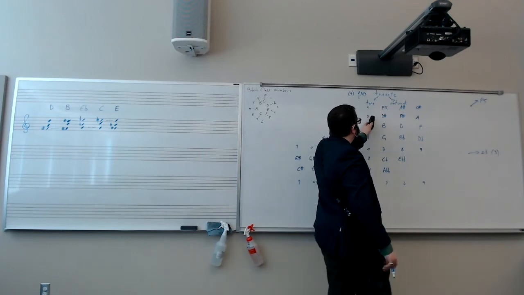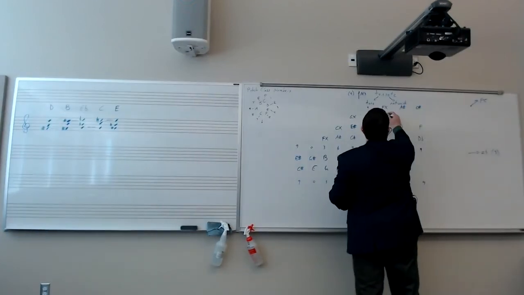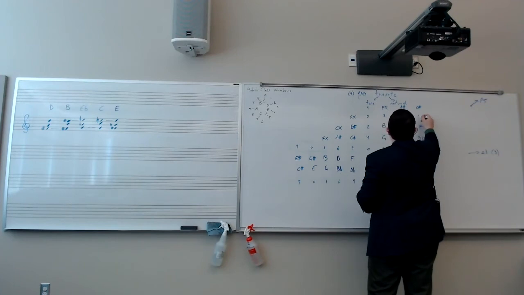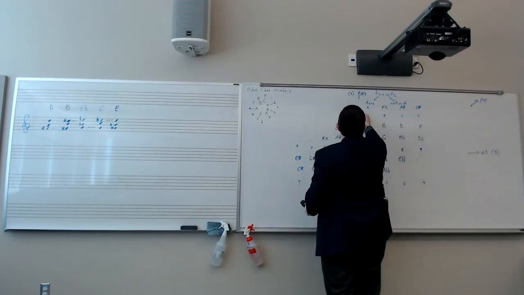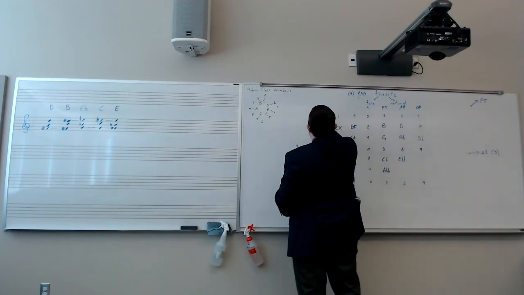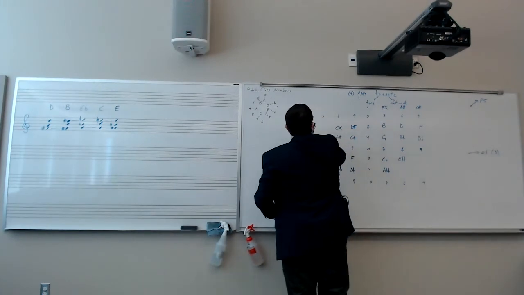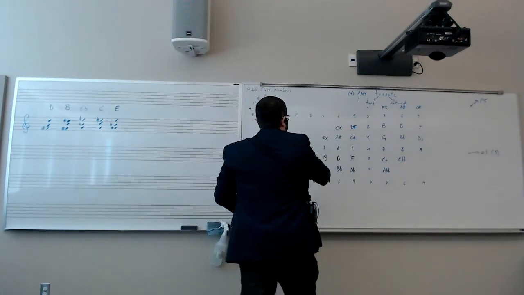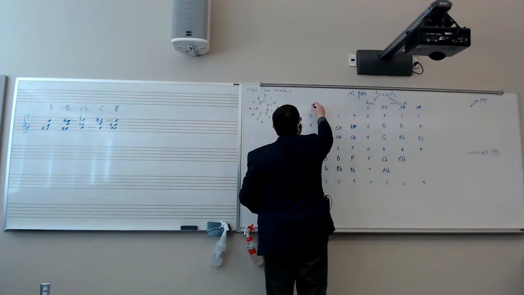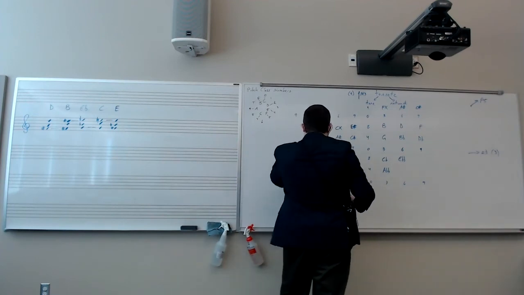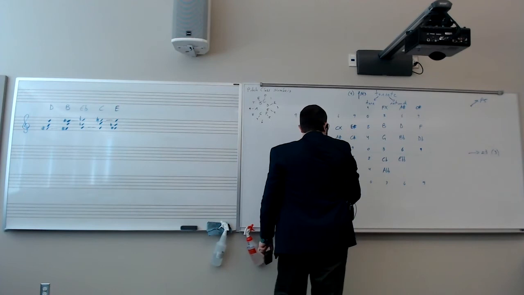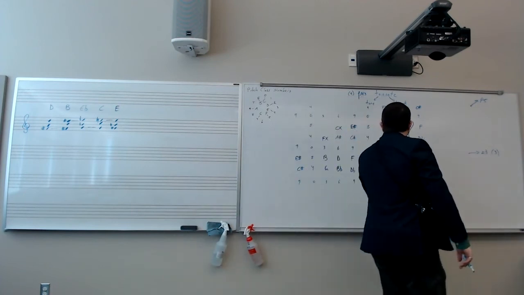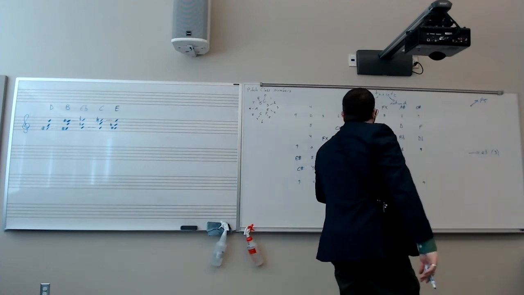Here's another one: 0, 3, 6, 9, 0, 9, 6. Who cares about all those double sharps? They're just 9s and 0s. And of course, the 0 axis goes 0, 4, 8, 0, 4, 8, 4, 0. Okay.